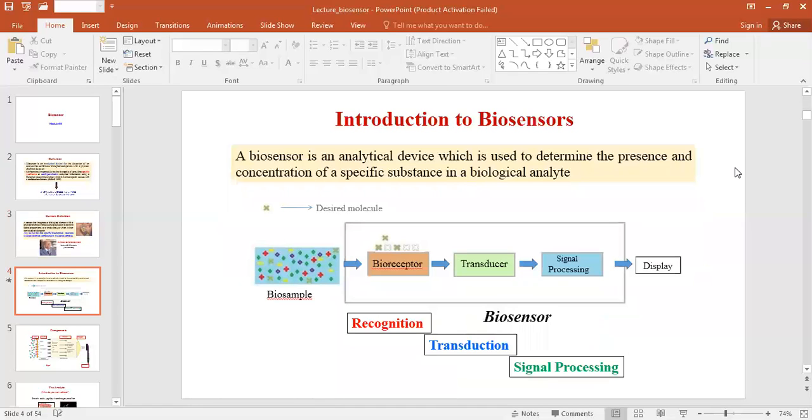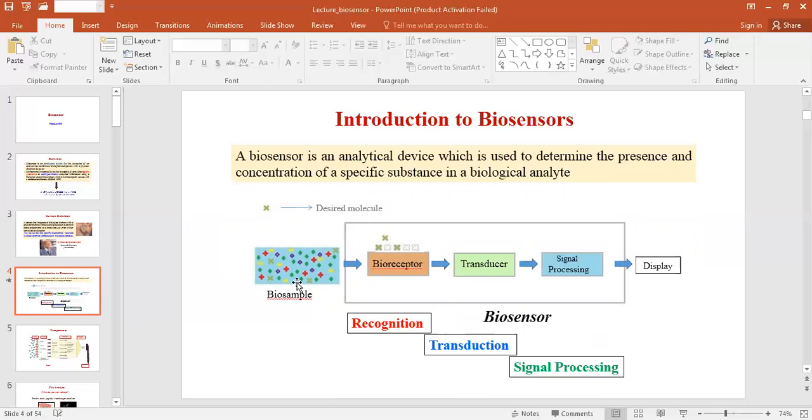Now I'm coming to the main components of the biosensor. A biosensor is an analytical device which is used to determine the desired molecule. This desired molecule is present with so many other biomolecules, and this mixture is known as a biosample.